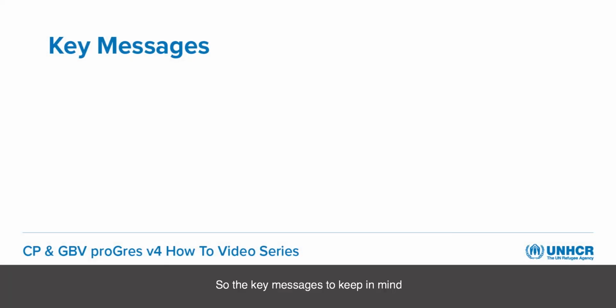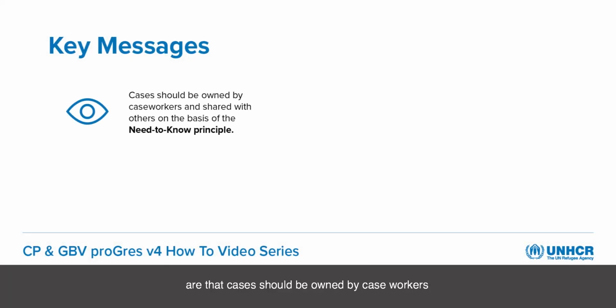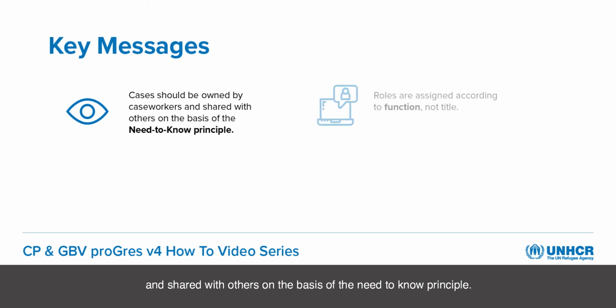So the key messages to keep in mind are that cases should be owned by caseworkers and shared with others on the basis of the need to know principle. Roles are assigned according to function, not to title, meaning you might have a different name in your title, but you are assigned the role of caseworker or case manager. It's not always aligned.